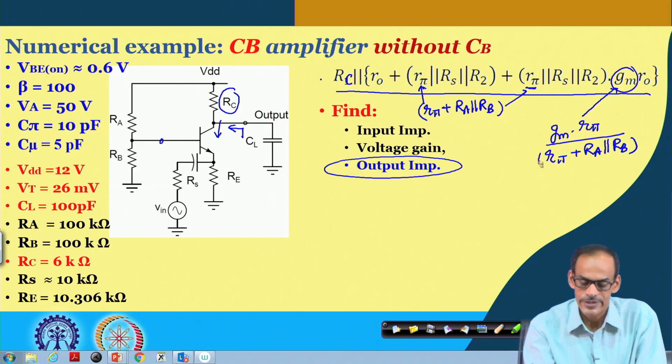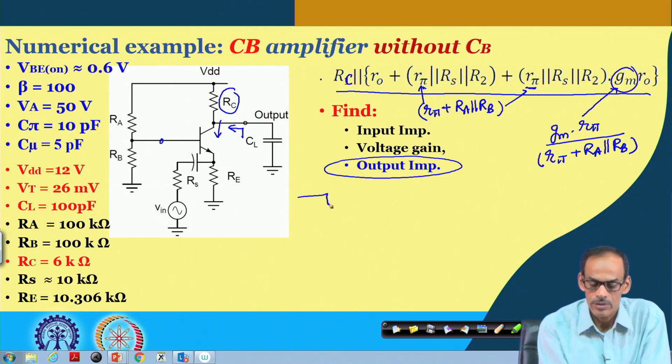The logic is the same, namely the voltage appearing across R pi is a fraction of whatever voltage we do have at the emitter node.